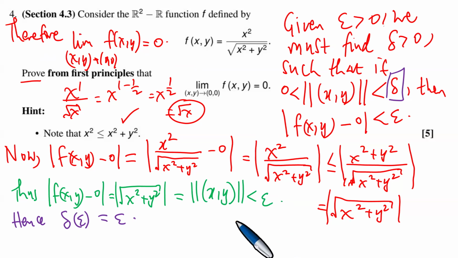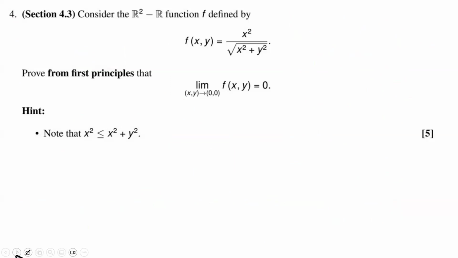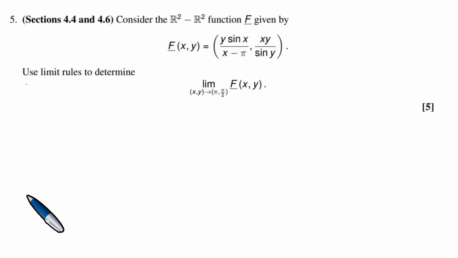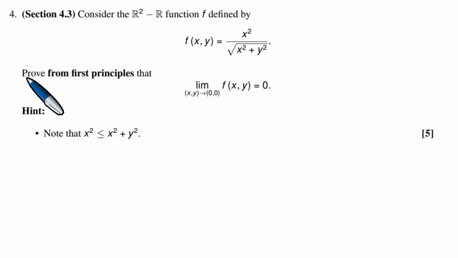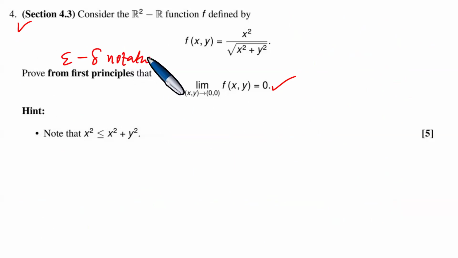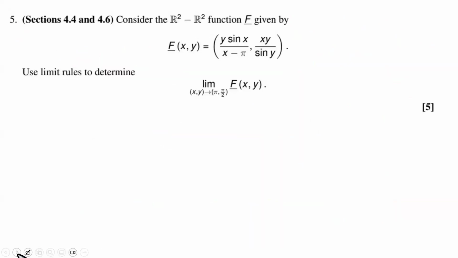We are done. Let's look at the next question. In this question, because the previous one was question 4, and we've already proven that in terms of the epsilon delta notation, we use the epsilon delta notation to prove, and we have proven that this limit is 0. Now let's look at the next.